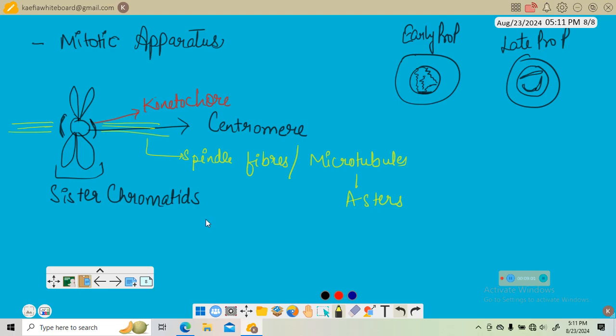Now there is another term, that is centrosome, and then we have a term centriole.